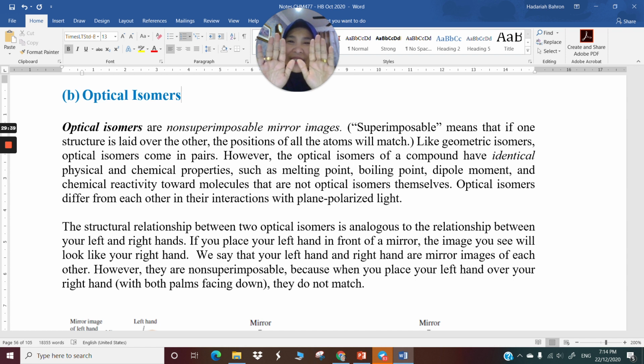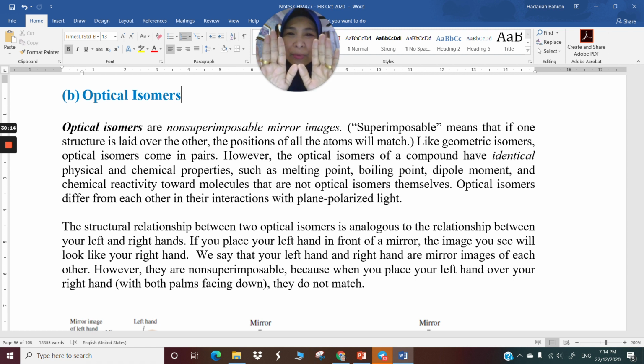If the two mirror images are not superimposable, then these two are called optical isomers. My left hand and my right hand are facing you, right? They are mirror images to one another. Agree with me?